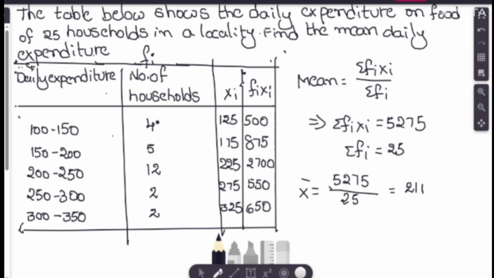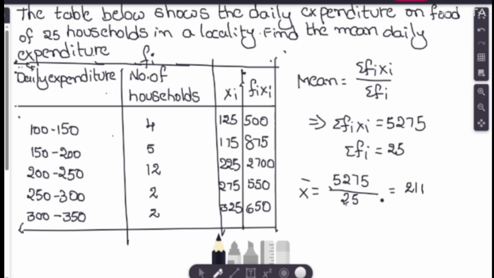By sigma fi, same, add the frequency column, that is 25. So divide these two. Instead of sigma fi xi, we got 5275 divided by 25, which gives 211. So the mean daily expenditure of the 25 households is 211 rupees.